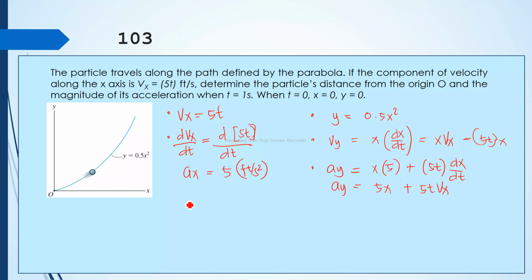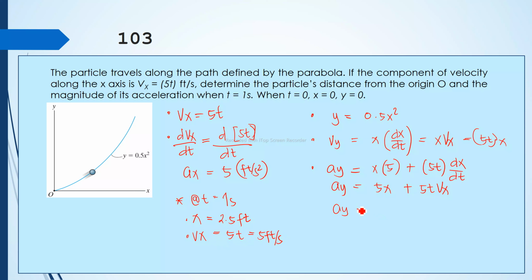As we solved earlier, at t equal to 1 second, x is 2.5 feet, and the velocity along x was actually already given, 5t, that is equal to 5 feet per second.